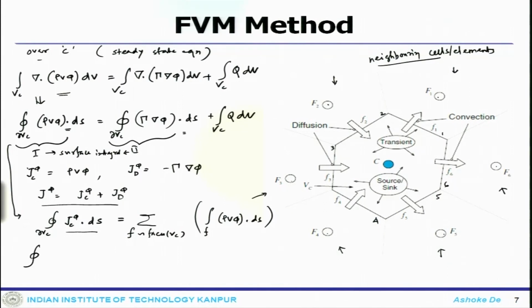Similarly, if you convert the diffusion fluxes, this will also become a summation over faces f of the integral of gamma del phi dot dS. So, that also gets transformed. And the source term would be the volume integration of the source term.